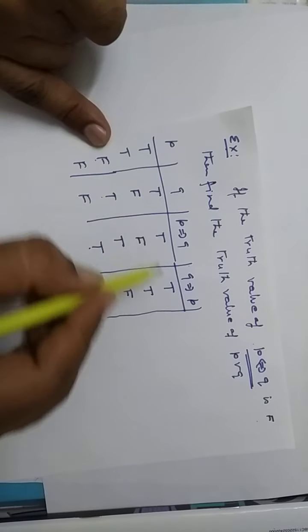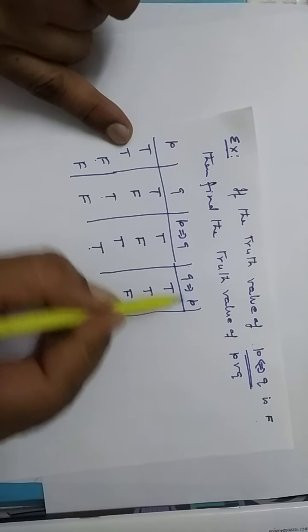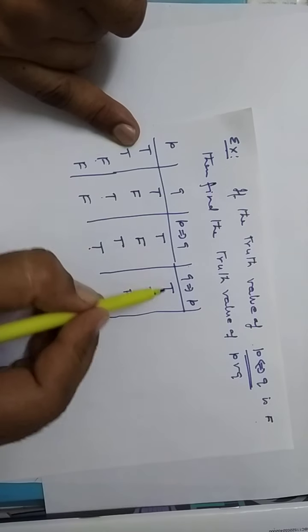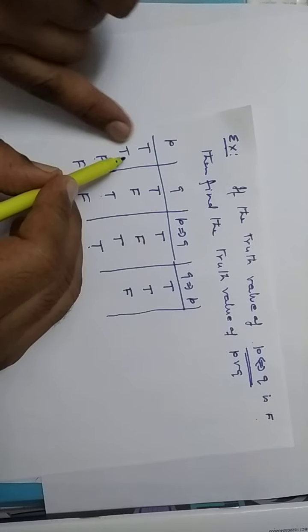We will check again. Q implies P. True, true, this is true. This is false, then it is true.